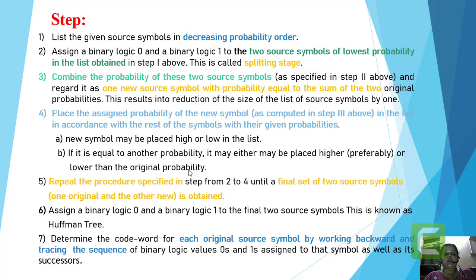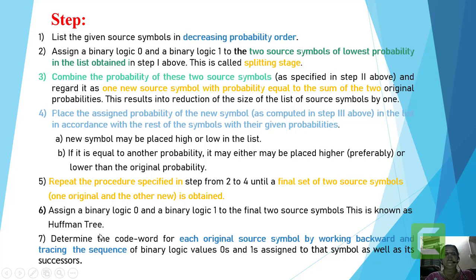As a fifth step, we have to repeat the procedure from step number 2 to 4 until every set consists of only m number of symbols. Again, for each repetition, assignment of the binary digits 0, 1 or -1, 0, 1 has to be done, and this process is called formation of the Huffman tree.